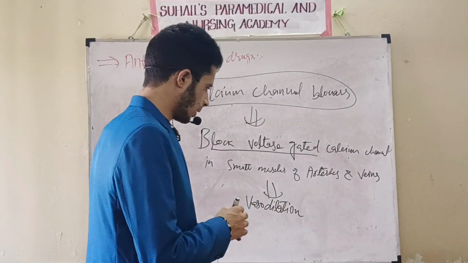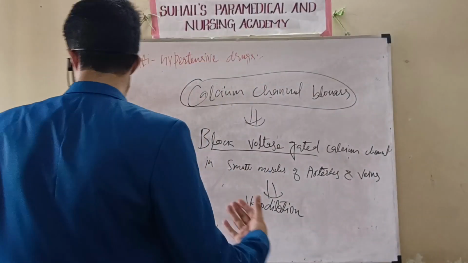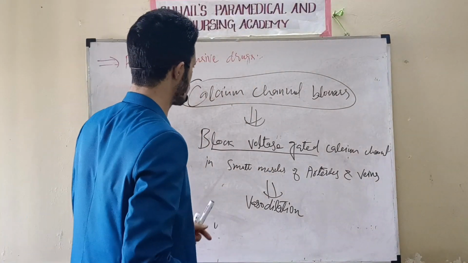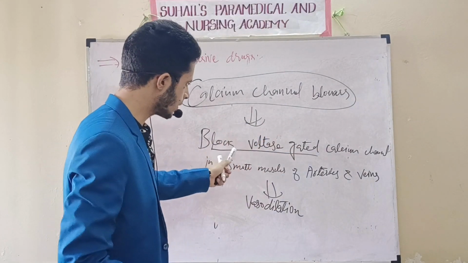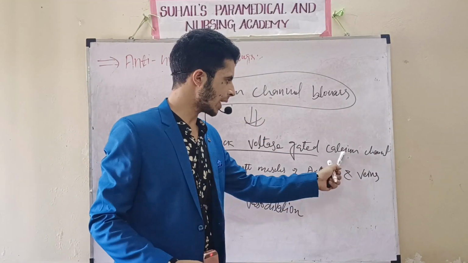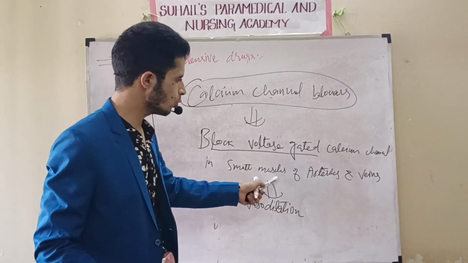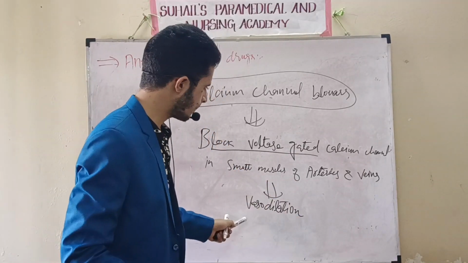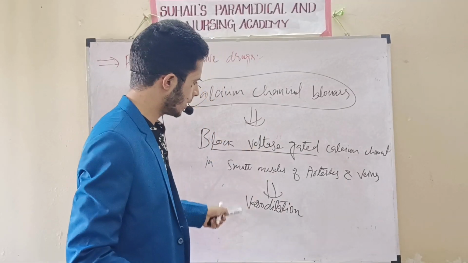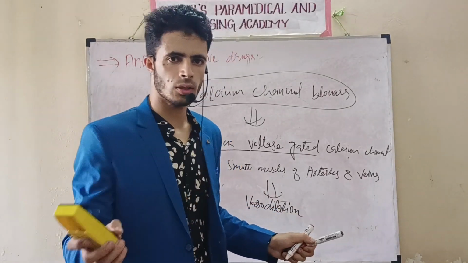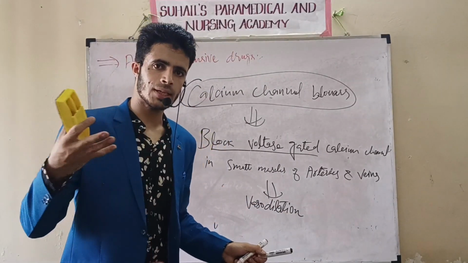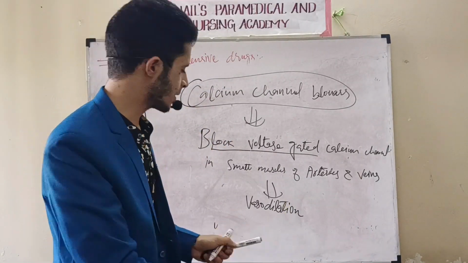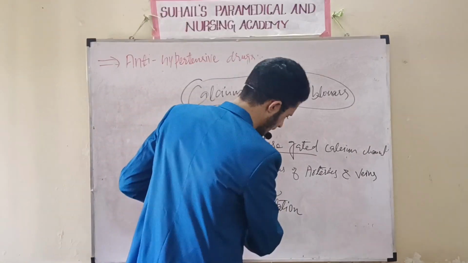Okay. Now this was all about the calcium channel blockers. I am telling the simple terms only. Calcium channel blockers will block the voltage gated ion channels which are present in the smooth muscles of arteries and veins. What will happen when these channels are blocked? The calcium will not move into the cell. When calcium will not enter into the smooth muscle cells, what will happen? Vasodilation will occur.